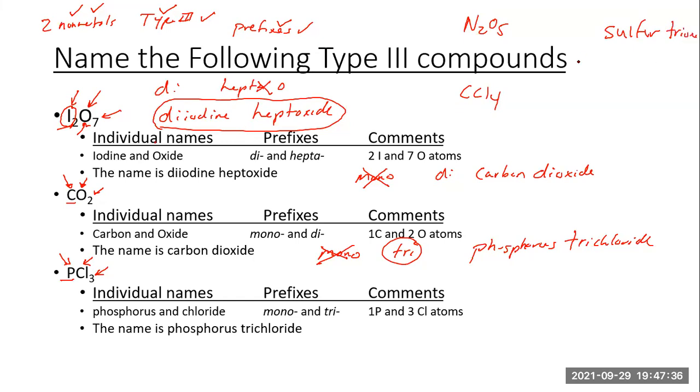Oops, as I run off the screen, let's try that again. Sulfur trioxide. Why don't you give the formula for dioxygen hexasulfide? All right, so proper name here and proper formula here. Take a couple of minutes and see what you come up with.